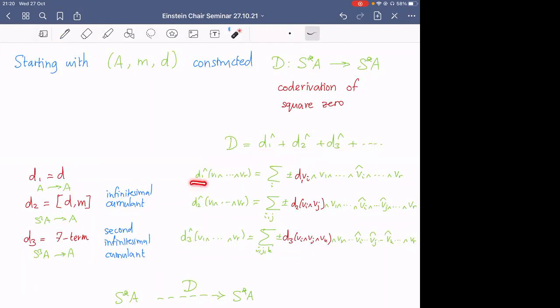So here it was just D hat, in other words, D acting on one piece. Here we had D2 hat, which is extracting any pair and taking the 2 bracket D2. And here we're taking triples and so forth. So these are higher and higher, what's called Grothendieck order operators.